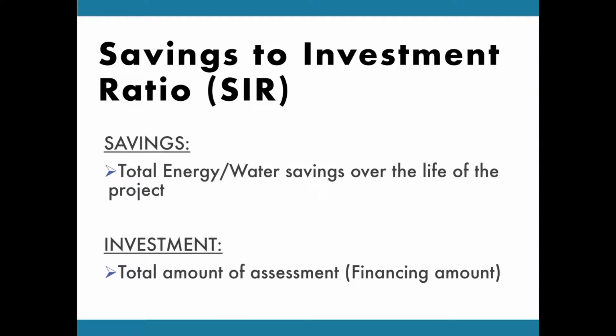We will sum the total of the savings over the life of the assessment, and that goes on the top part of the ratio. On the bottom part goes the investment, where we will sum the total cost of the project over the life of the assessment, including financing cost. The inputs to the SIR are in dollars, and everything is non-discounted, so nominal dollars.